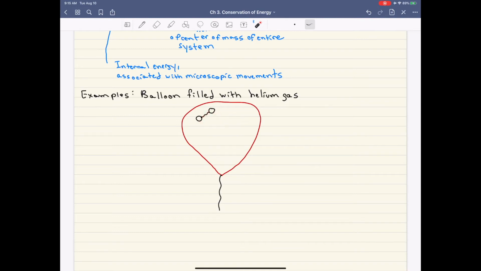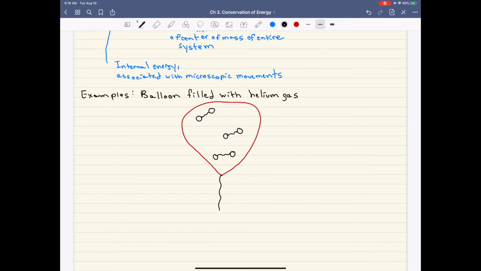This bond kind of looks like a spring. Our balloon is filled with multiple helium molecules, not just one or two, but more like 10 to the 23rd, or Avogadro's number of helium gas molecules.